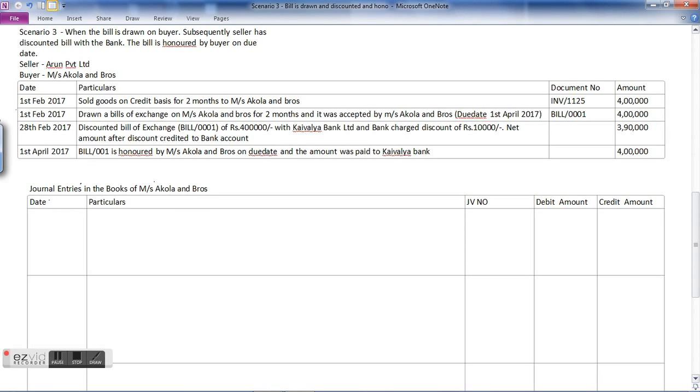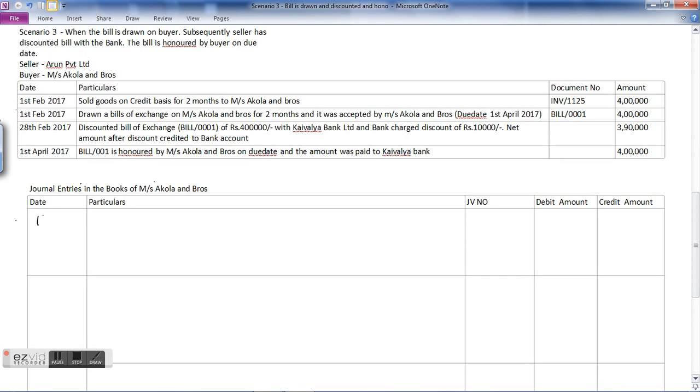1st February 2017, sold goods on credit basis for 2 months to Messrs Akula and Brothers. Invoice number is 1125, amount is 4 lakh. So Arun Private Limited has sold the goods to Messrs Akula and Brothers. So Akula and Brothers has purchased the goods. So the entry will be for credit purchases.